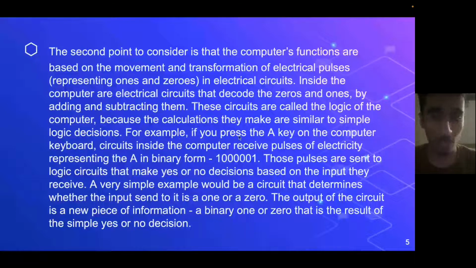For example, if you press the key A on the computer keyboard, circuits inside the computer receive the electric pulses representing the A in binary form, that is 1000001. Those pulses are sent to logical circuits that make yes or no decisions based on the input they receive. A very simple example would be a circuit that determines whether the input sent to it is a 1 or a 0. The output of a circuit is a new piece of information, a binary 1 or 0, that is the result of the simple yes or no decision.